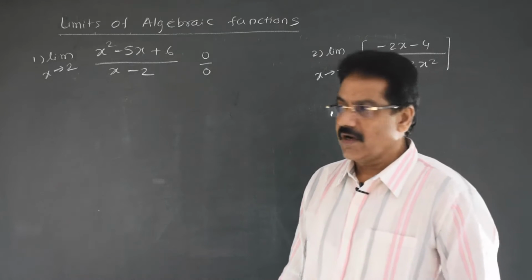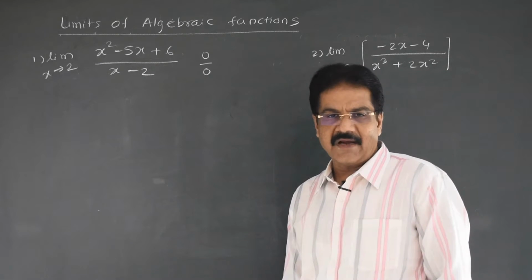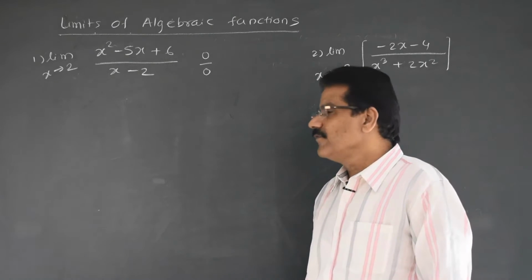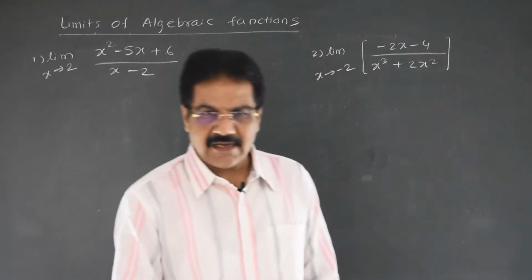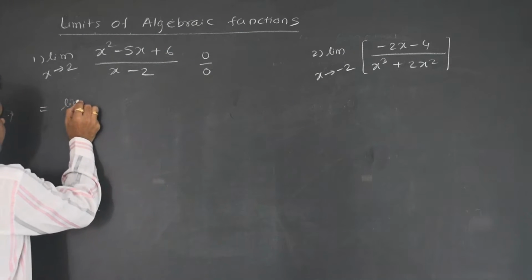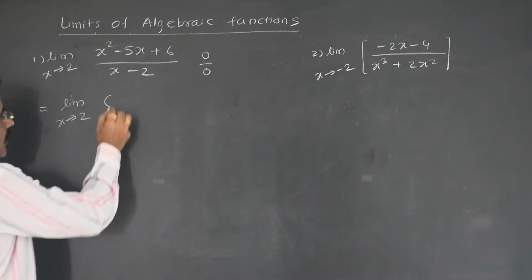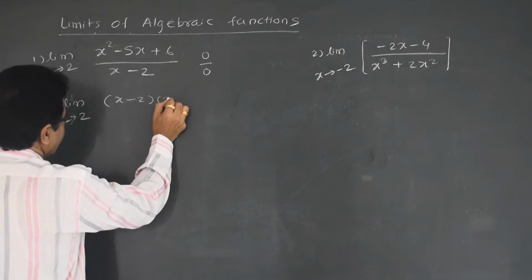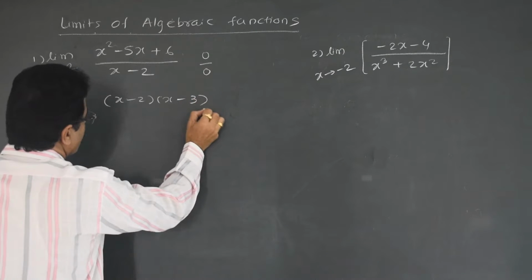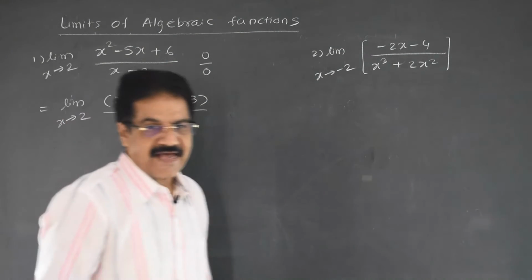So how can it be solved? The standard formula is not applicable, and therefore we have to try factorization of the numerator. The denominator is a single term, but the numerator is a quadratic, so we factorize. Limit as x tends to 2, we can factorize the numerator as (x minus 2) into (x minus 3) upon (x minus 2) as it is.